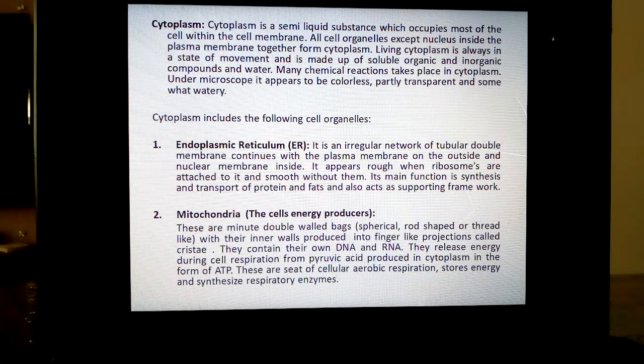They release energy during cell respiration from pyruvic acid produced in the cytoplasm, in the form of ATP. Here you are learning ATP means adenosine triphosphate. So adenosine triphosphate is energy released in the cell. We consume so many kinds of foods, and food provides energy, like you have learned from the lower classes.